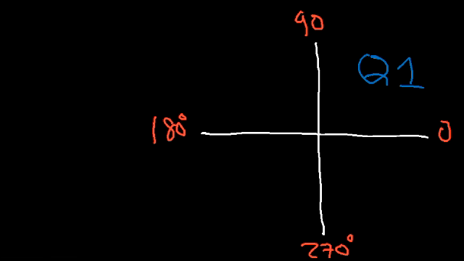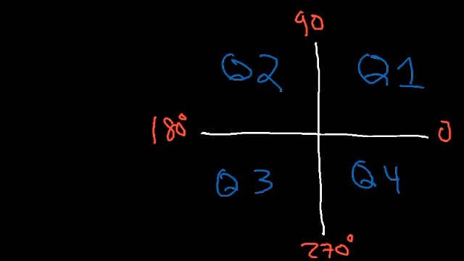Between 90 and 180, it's quadrant 2. X is negative in quadrant 2, but Y is positive. Between 180 and 270, that's quadrant 3. X and Y are both negative. And the last one, that's quadrant 4, where X is positive and Y is negative.